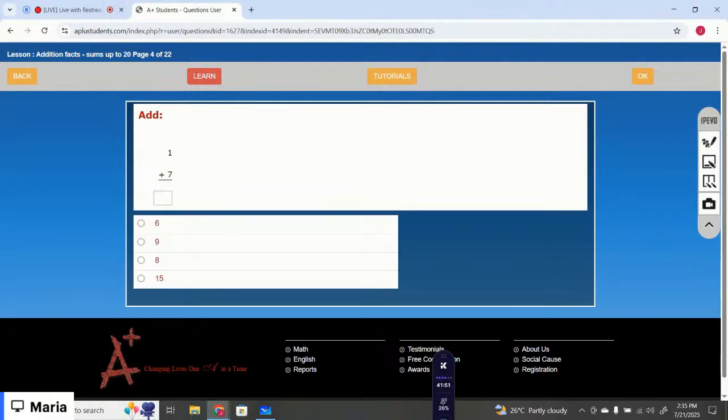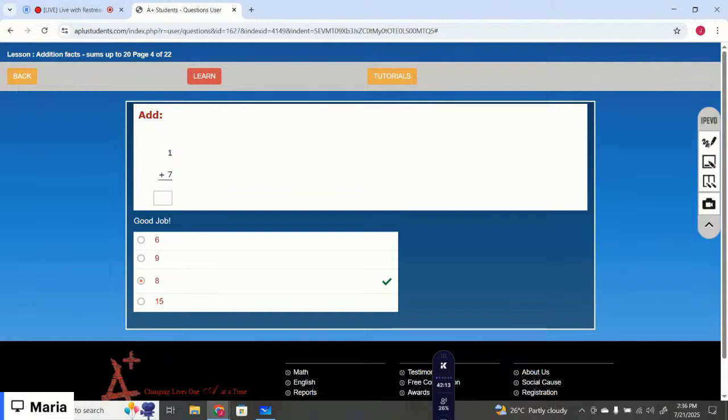7 plus 1, which is the correct option? 8 it is. Option number 3 is the correct option. 7 plus 1 is 8.